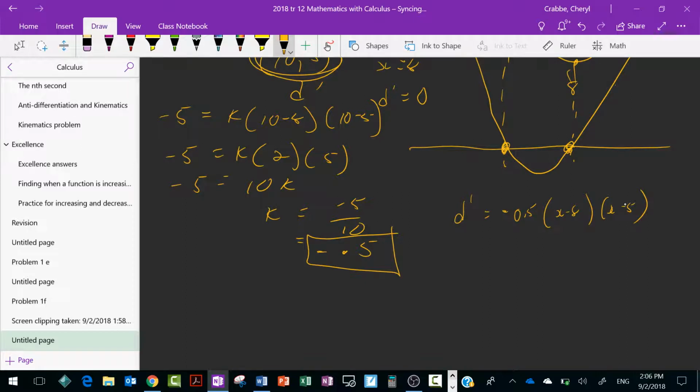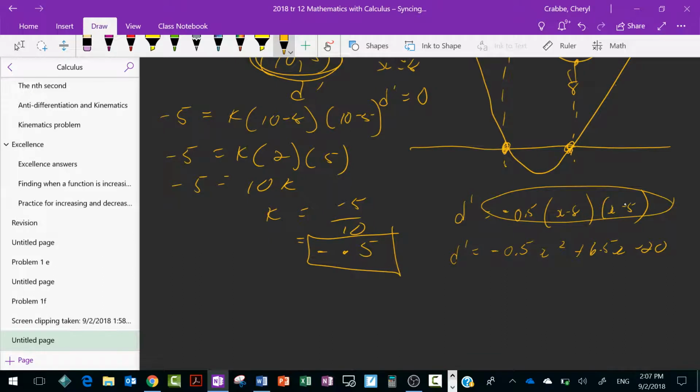So once we've got that, we've got to work backwards, and we're going to have a c that we're going to have to deal with, but let's just work backwards. Let's just simplify this thing, shall we? We get -0.5 times x squared minus 13x plus 40, which multiplied out and simplified gives -0.5 times (x squared plus 6.5x minus 20).